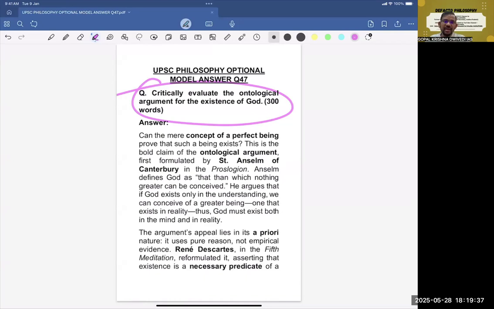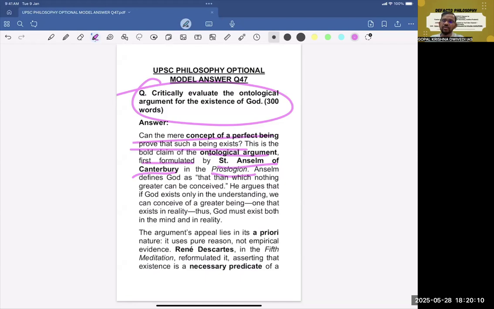Can the mere concept of a perfect being prove that such a being exists? This is the bold claim of the ontological argument, formulated first by St. Anselm of Canterbury in his book Proslogion. In the first sentence, we are giving a lot of information. It's a very engaging sentence. That's what I want to draw your attention to, because for some questions you can definitely try a strategy like this.